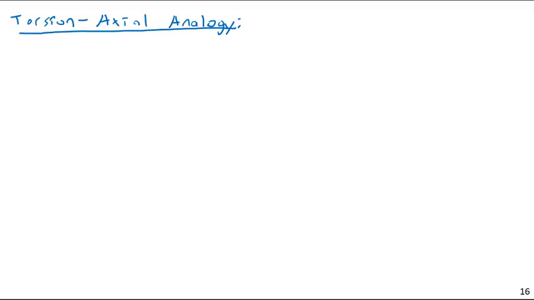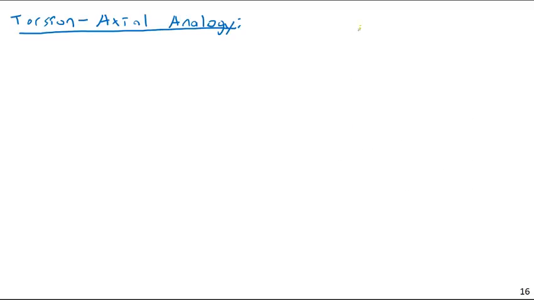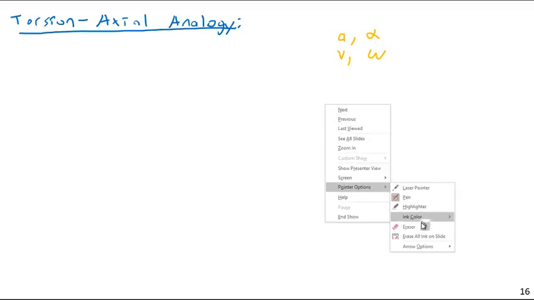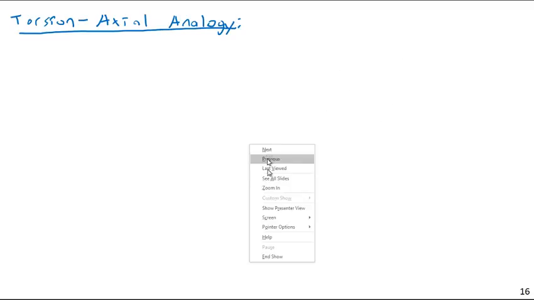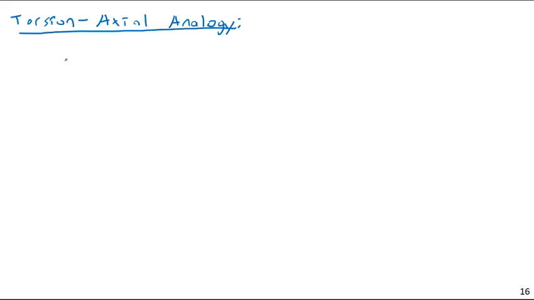In rotational kinematics, where in the linear system you would have a, your linear acceleration, for the rotational system you would have alpha, your angular acceleration. Where you have a v, you would have an omega, etc. So there's a long series of variables that are analogs between linear and rotational systems. And this kind of analogous system extends even on into mechanics of materials.